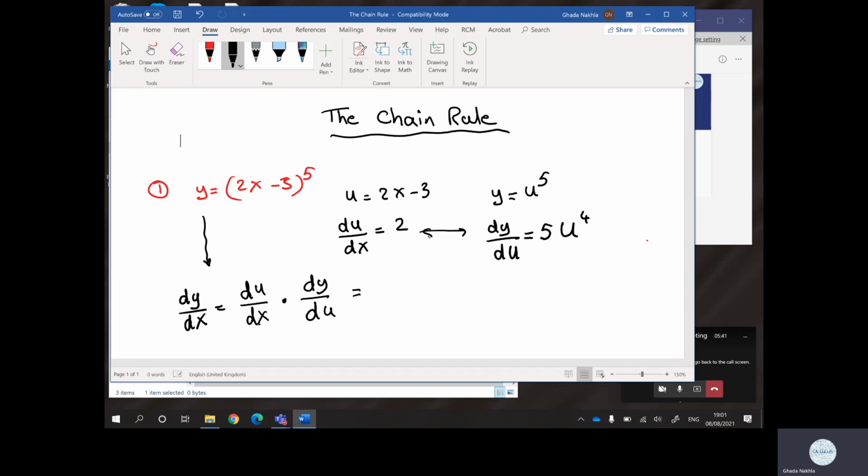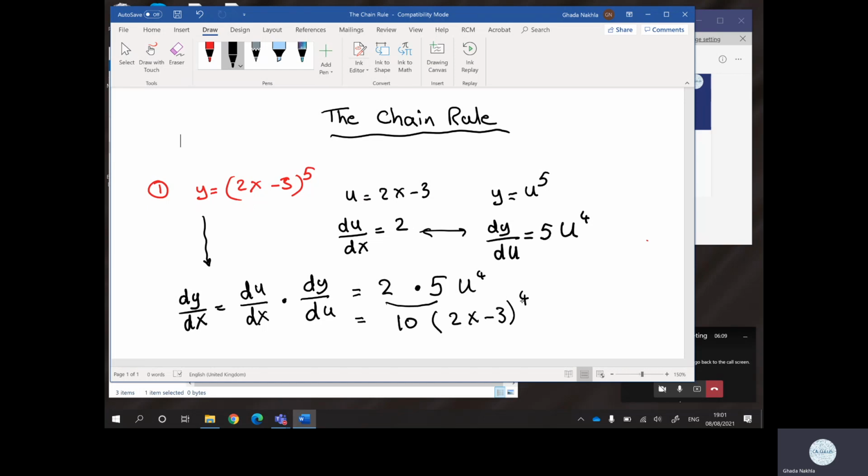These two multiply together, which means it's du by dx, and du by dx is 2, multiplied by dy by du, which is 5u to the 4. And I know that u is 2x minus 3. So 2 times 5 is 10, bracket, 2x minus 3 to the power of 4, because u is equal to 2x minus 3.